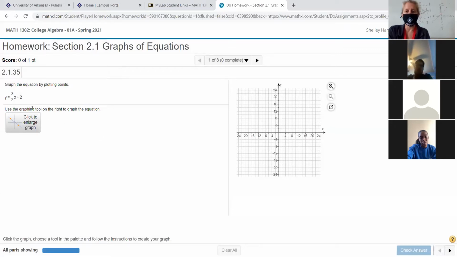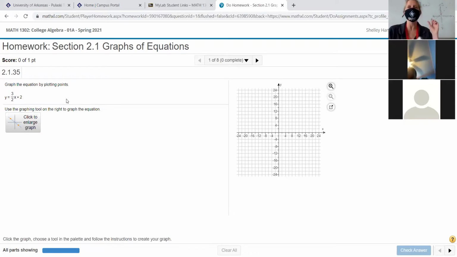So my question says y equals 3/2 x plus 2. So it's very similar to this one. It's just that that one's going to be plus 2 instead of plus 1. But what I'm going to do is do this in the calculator. So follow those same steps that we just did in the calculator.